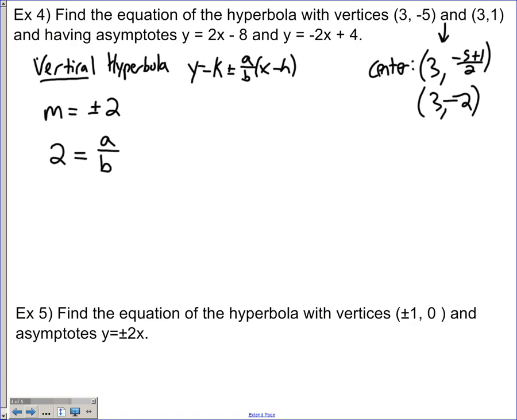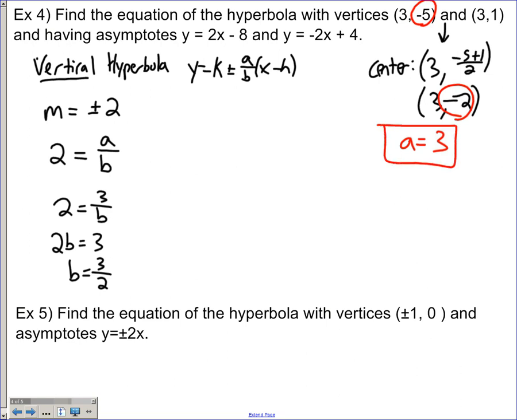Knowing the center and the vertices, I can find my a value. Going from -2 to -5 is a distance of 3. So a is equal to 3. I plug that in and I get 2 equals 3 over b. So 2b equals 3, and b is 3 over 2.